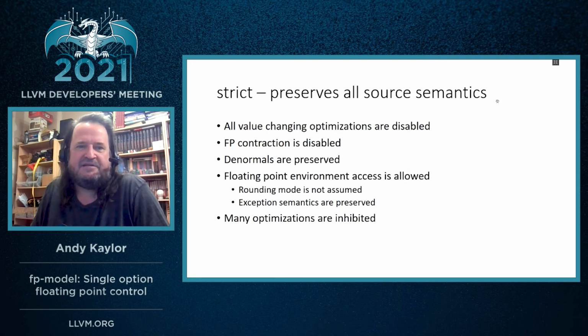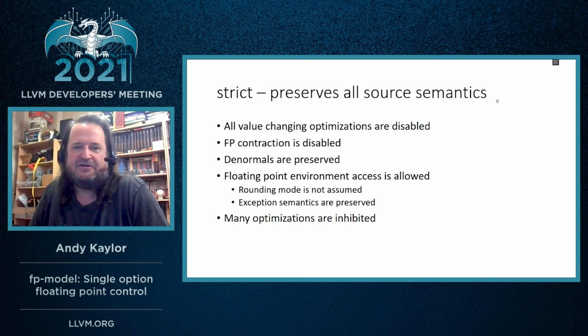The final FP model is FP model strict. This model is meant to preserve all source semantics for floating point operations as exactly as it's able. So all value changing optimizations are disabled. No fast math in this model. Floating point contraction is also disabled in all cases with the strict model.